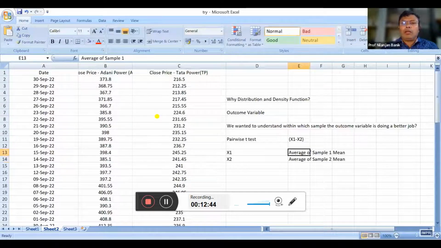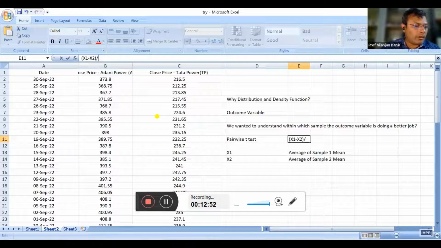Okay. Now, the formula for the pairwise test is this over the square root of S1 squared over N1, plus S2 squared over N2, and this is raised to the power half, which is basically 0.5. I'm just going to explain each one of them, so just hang on.